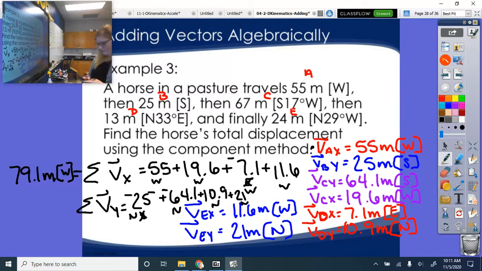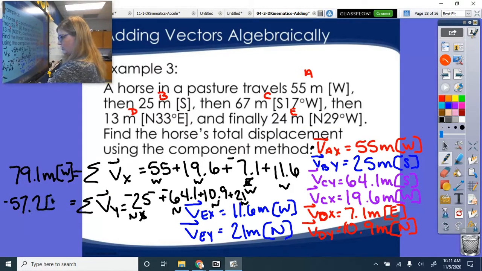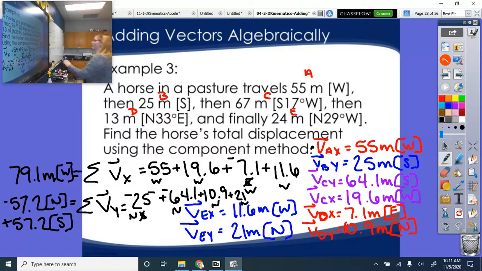So I'm going to add all those together. Negative 25 minus 64.1 plus 10.9 plus 21. So I'm actually headed a negative 57.2 north, or a positive 57.2 south. Okay, almost there.